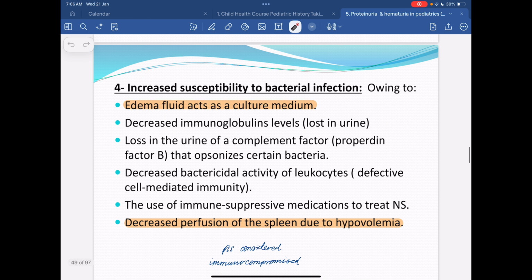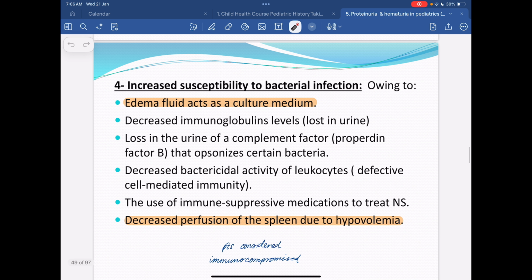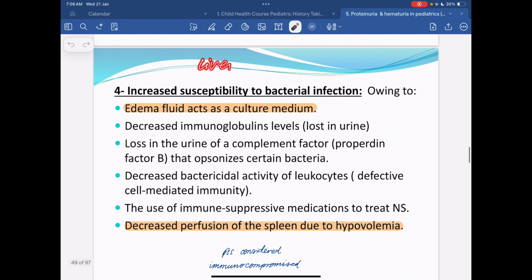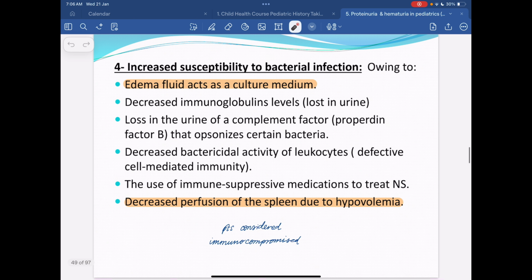وآخر شيء increased susceptibility to bacterial infection. لو تذكرون يوم تكلمنا إحنا في سنة رابعة عن الليفر cirrhosis، تكلمنا إنه في spontaneous peritoneal infection. فهذا why is that؟ نشرح شوي زي الحين.